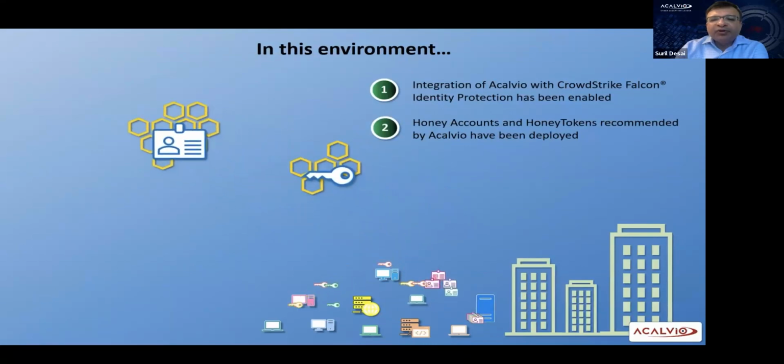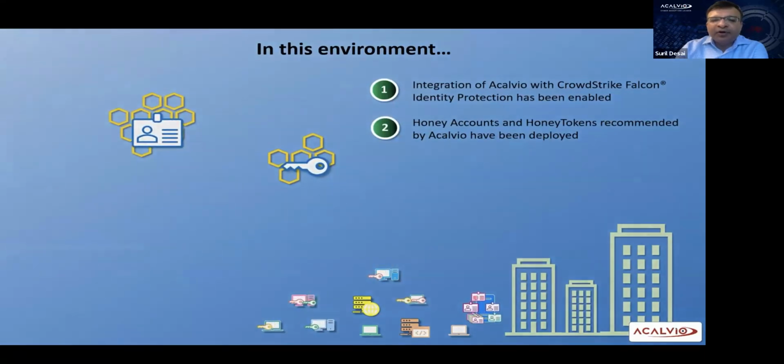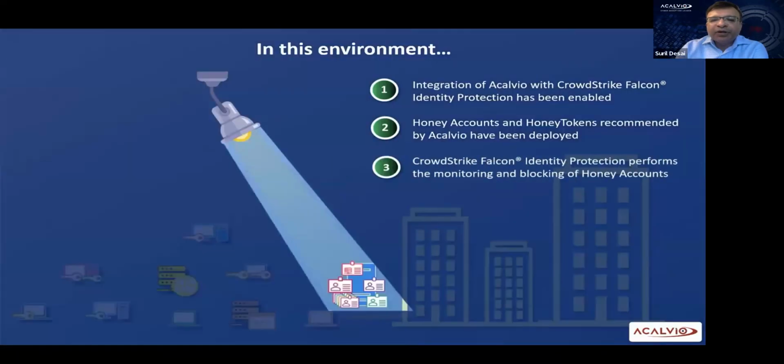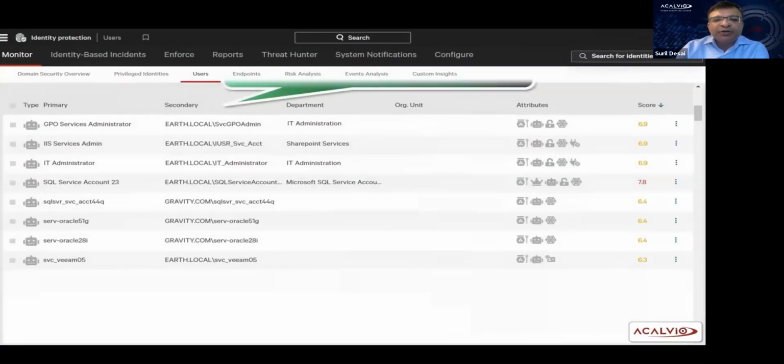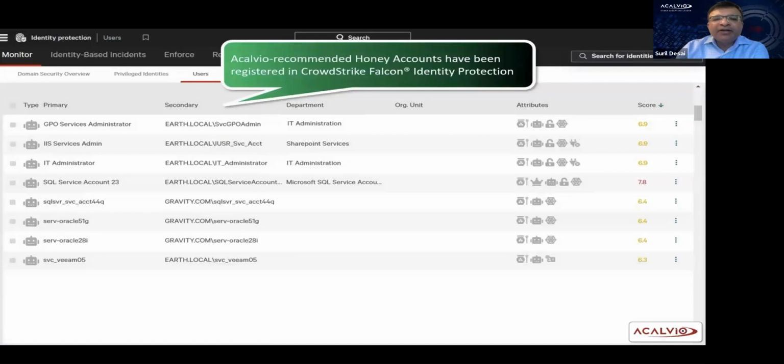Honey accounts and Honey tokens recommended by Acalvio have been deployed. CrowdStrike Falcon identity protection performs the monitoring and blocking of Honey accounts. Acalvio recommended Honey accounts have been registered in CrowdStrike Falcon identity protection. So these are the recommendations for Honey accounts that Acalvio generates and are auto-marked in CrowdStrike. So effectively it does not require the administrator to perform additional steps.